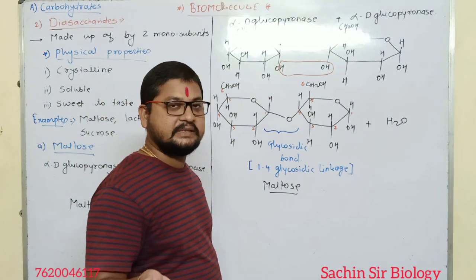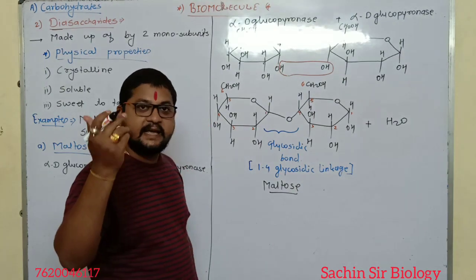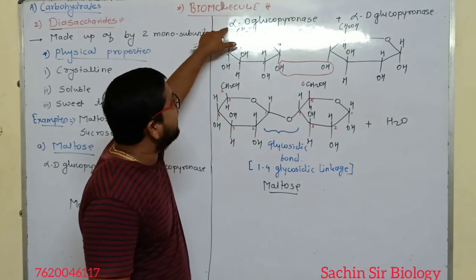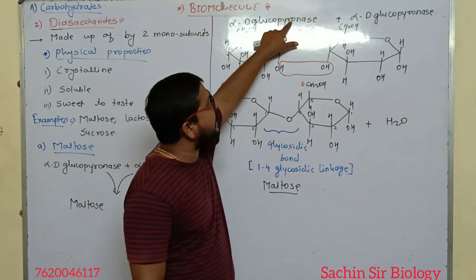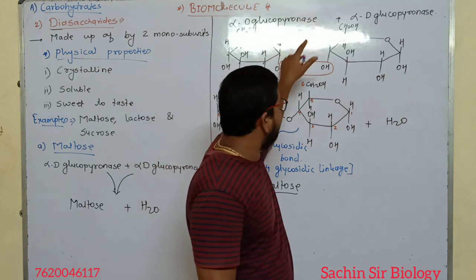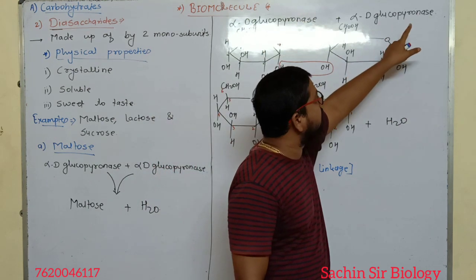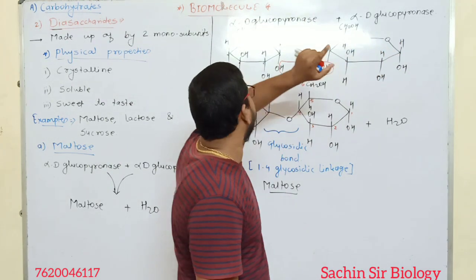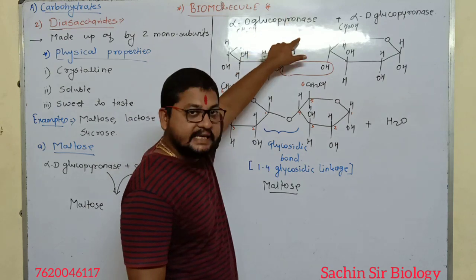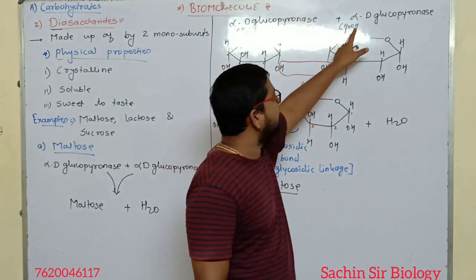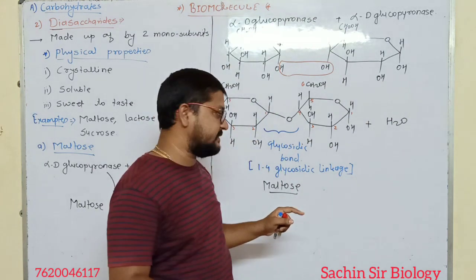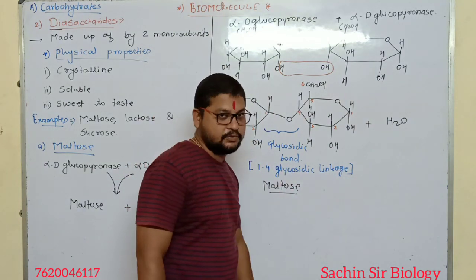You can study that in chemistry. This maltose is called alpha D glucopyranosyl 1,4 alpha D glucopyranose. Understand? I repeat again, alpha D glucopyranosyl 1,4 alpha D glucopyranose. This is the chemical name of maltose.